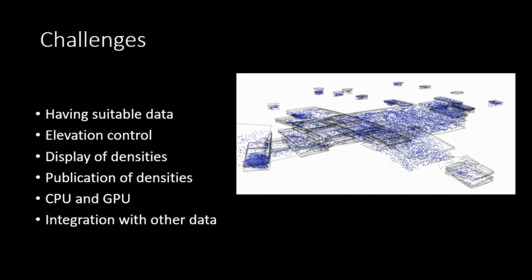The other issue is displaying the densities and publishing the densities. 3D PDFs allow us to show 3D models in publications. We have things like Sketchfab and a whole heap of other things to show 3D data. But this can be difficult because of graphical requirements, the size of the files, a whole heap of other more practical issues.